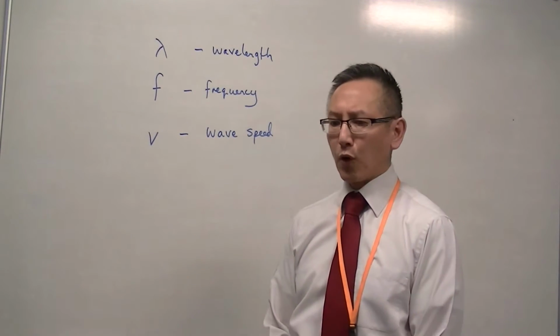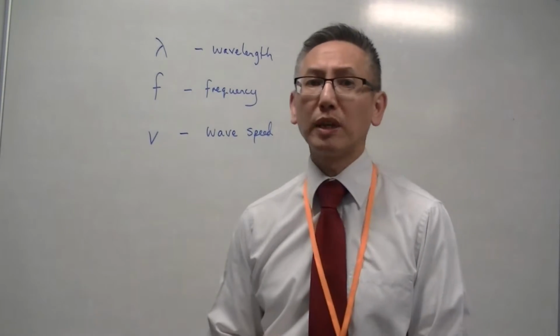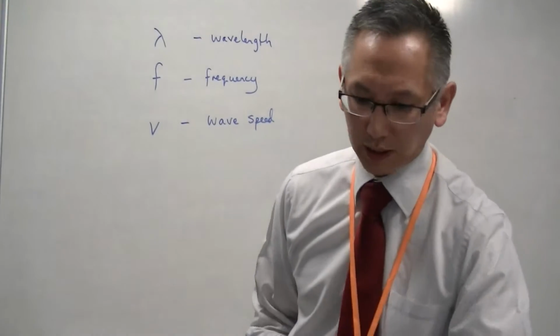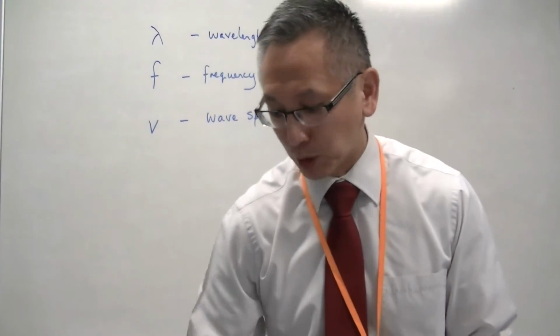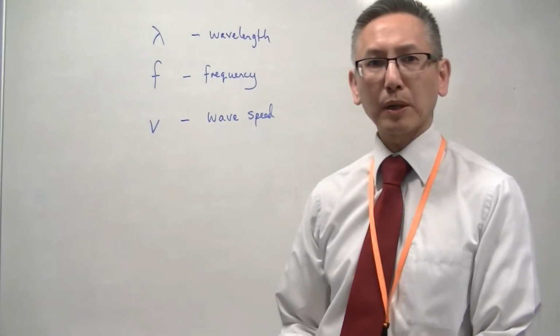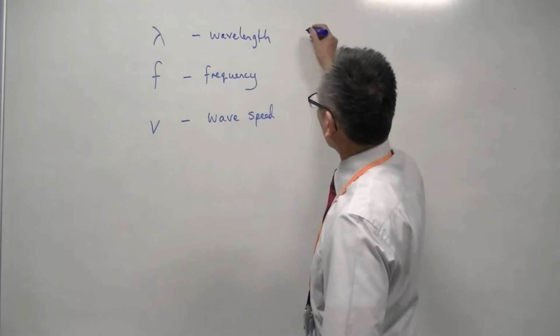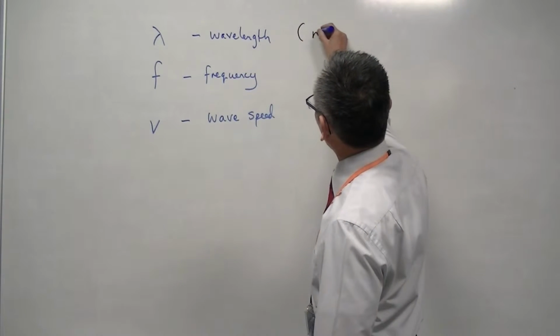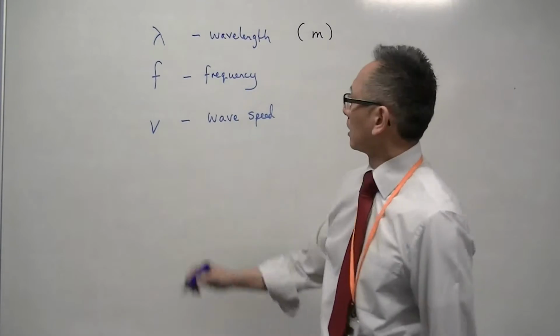Now, this formula, the connection between all these three, only works if you get the units right. Unfortunately, you are not given the units in the exam. You have to learn those, okay? Because you get extra brownie points for being able to do that. So, this formula only works if wavelength is converted into meters.